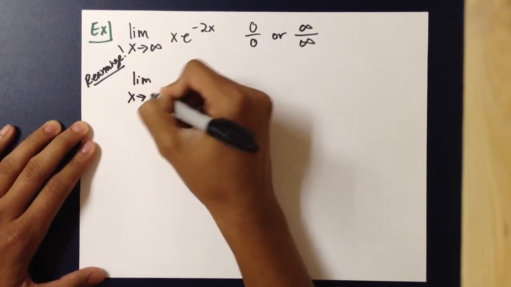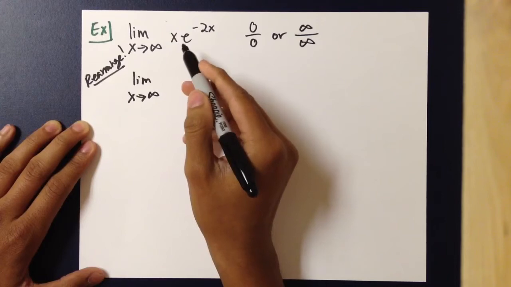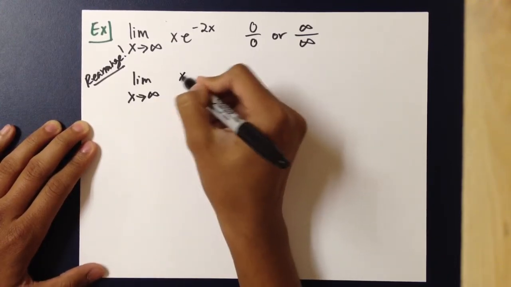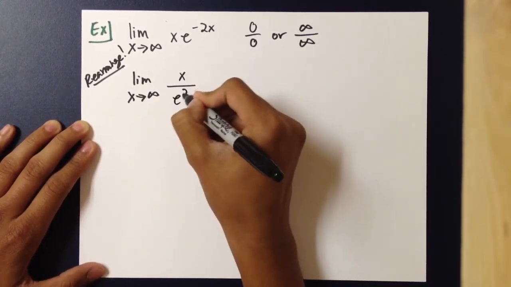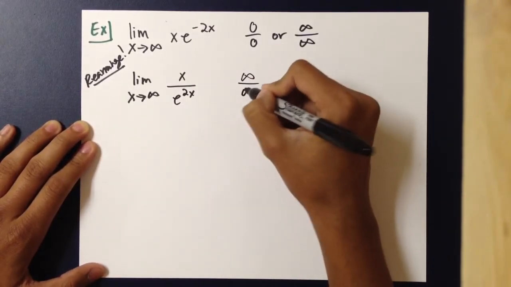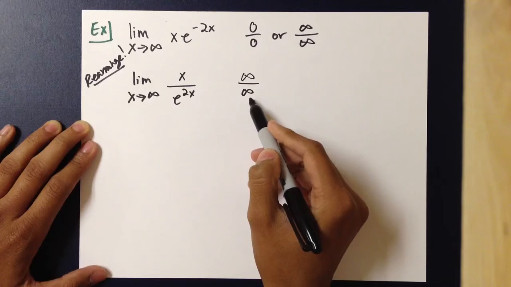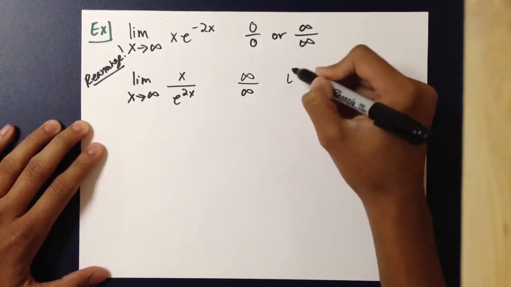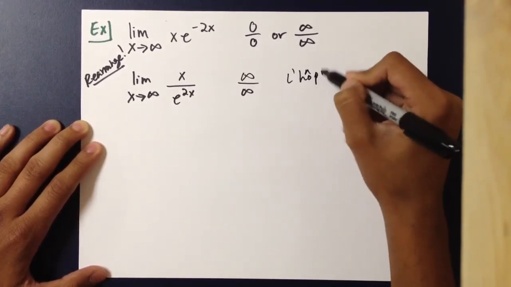So we move it around a little bit and we get x over e to the 2x. Now, this is in indeterminate form as it is infinity over infinity. So now L'Hopital's rule can be used.